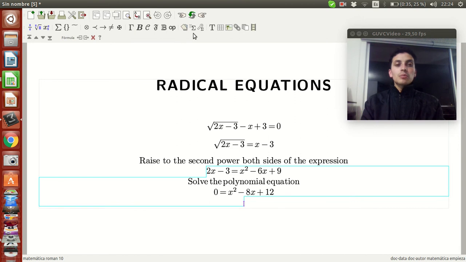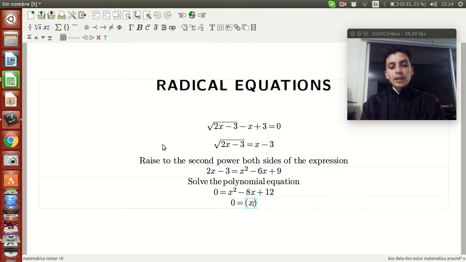Remember that to solve the polynomial equation, we just need to factor the polynomial. Two numbers whose product is 12 and whose sum is 8: negative 6 and negative 2. x minus 6, x minus 2.